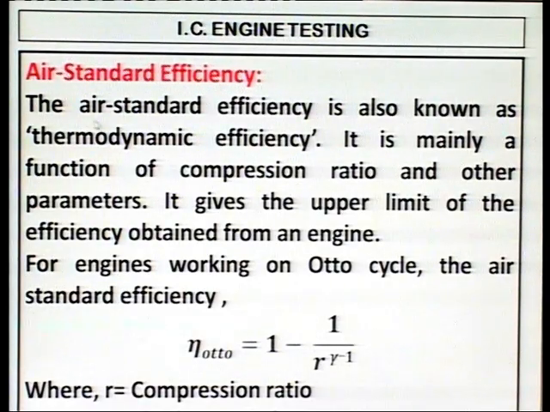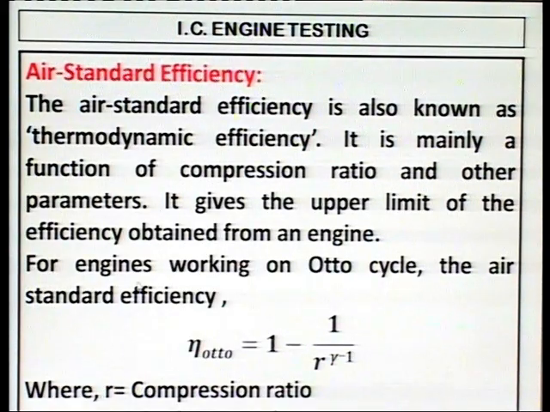Next is air standard efficiency. The air standard efficiency is also known as thermodynamic efficiency. It is mainly a function of compression ratio and other parameters. It gives the upper limit of the efficiency obtained from an engine.